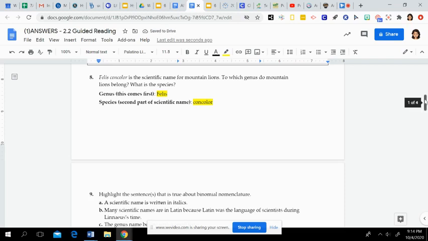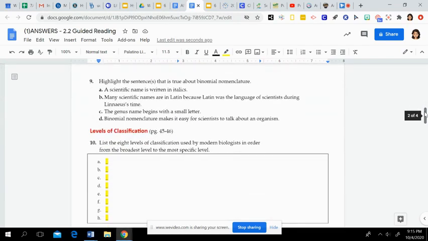We will get more into the scientific names of animals and why they are classified these certain ways, and what their names mean as we go through the week and into next week. But for now, just start to be familiar with the two-part scientific name, understanding that it's the genus and the species to identify that specific animal.